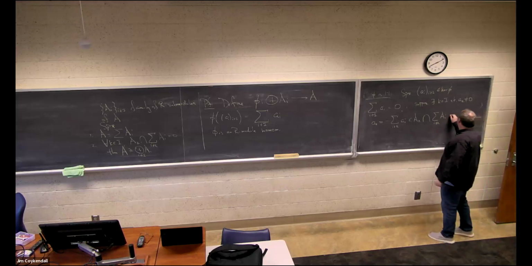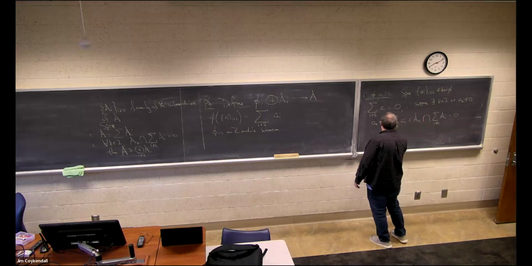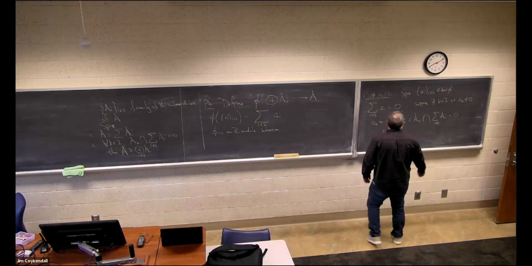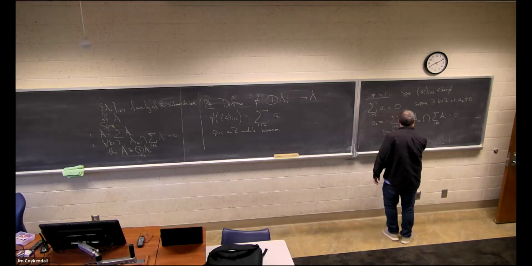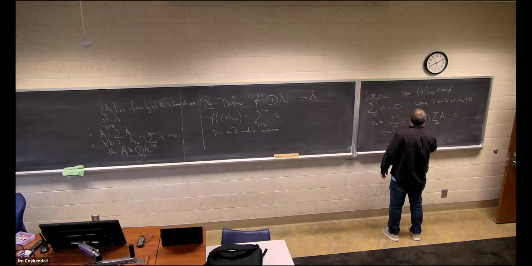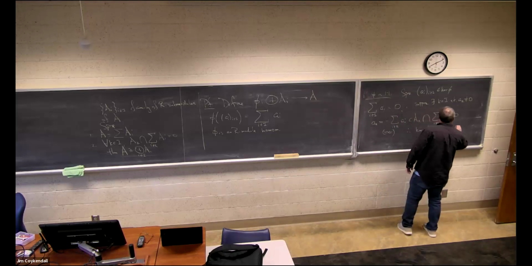But by assumption, this is 0. So in other words, nothing in that sum can be non-zero, therefore the kernel of phi is zero and phi is one-to-one.